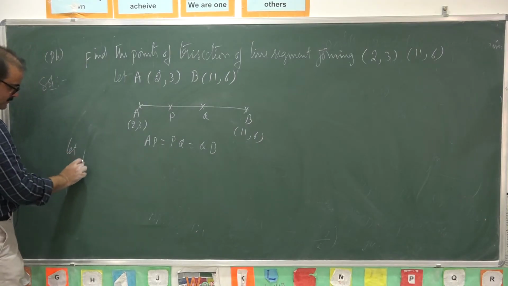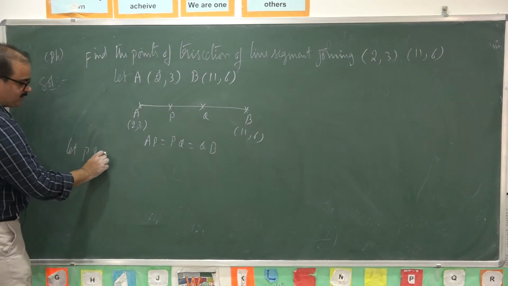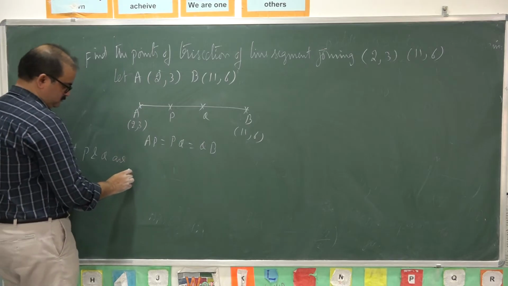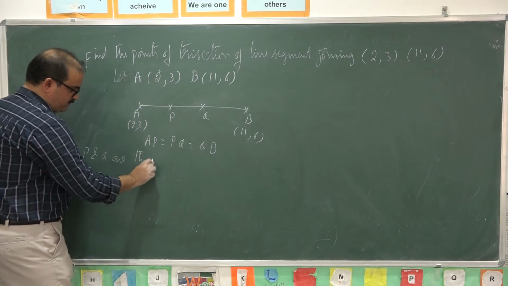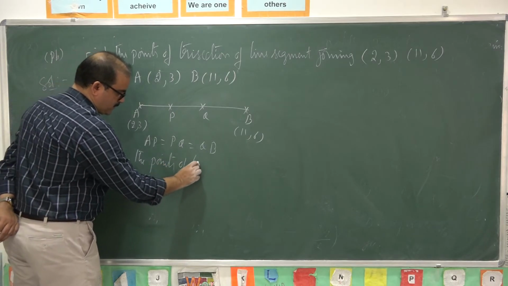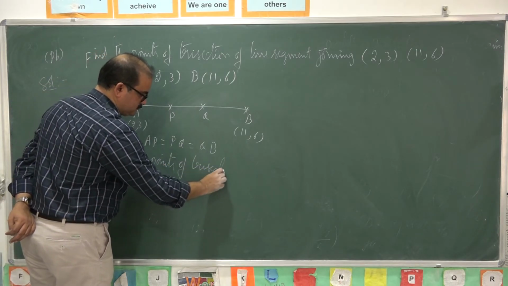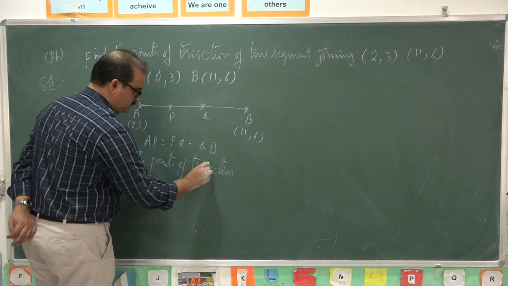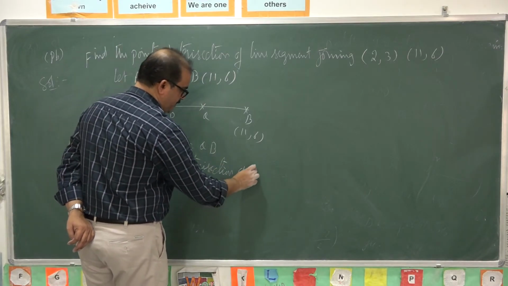Let P and Q be the points of trisection of AB.